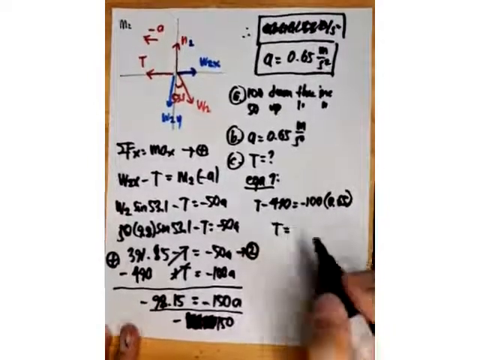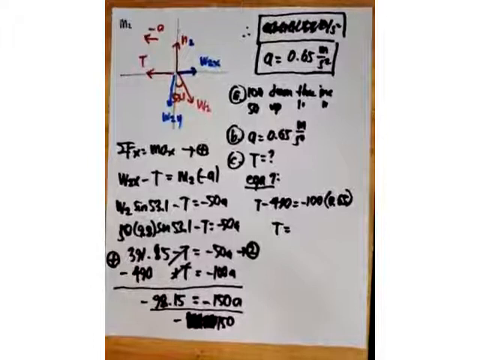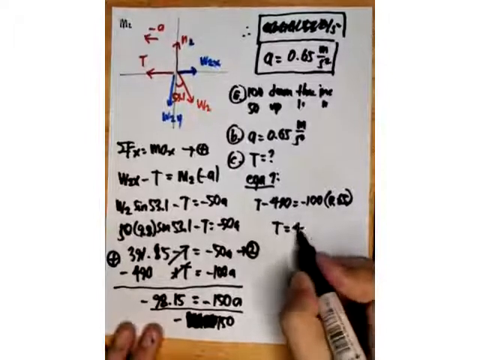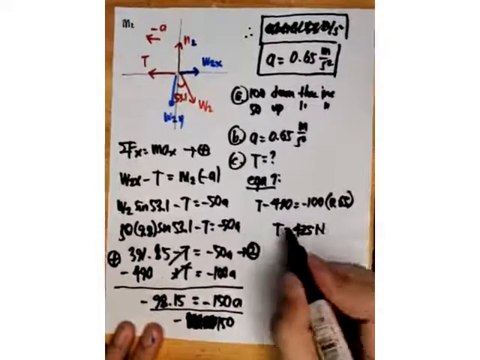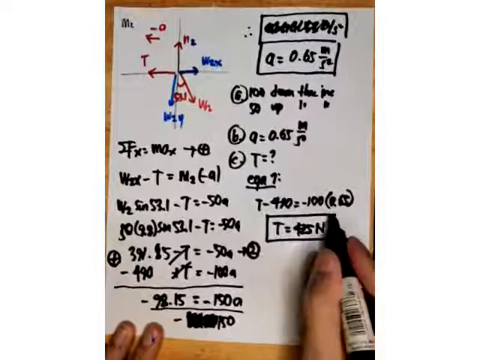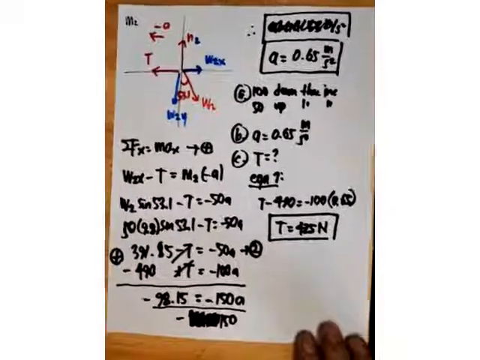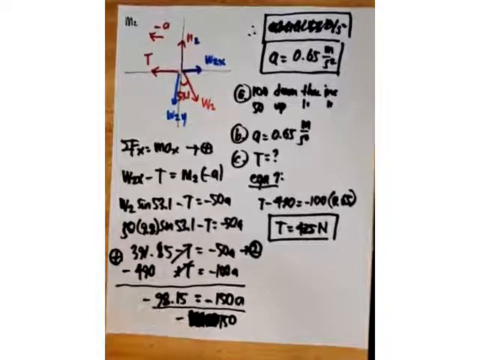So what's the tension? So that's 425 newtons. Tama ba? 425 newtons.